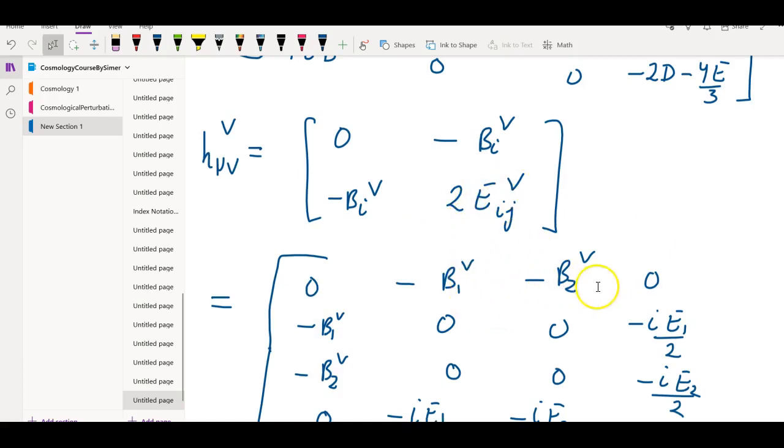Sorry, I made a mistake here. We need to multiply this vector component by 2. So that means this will be this.